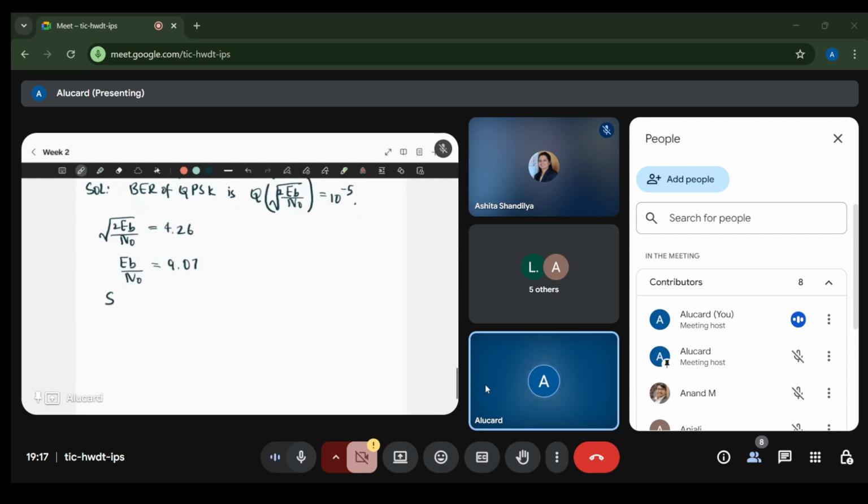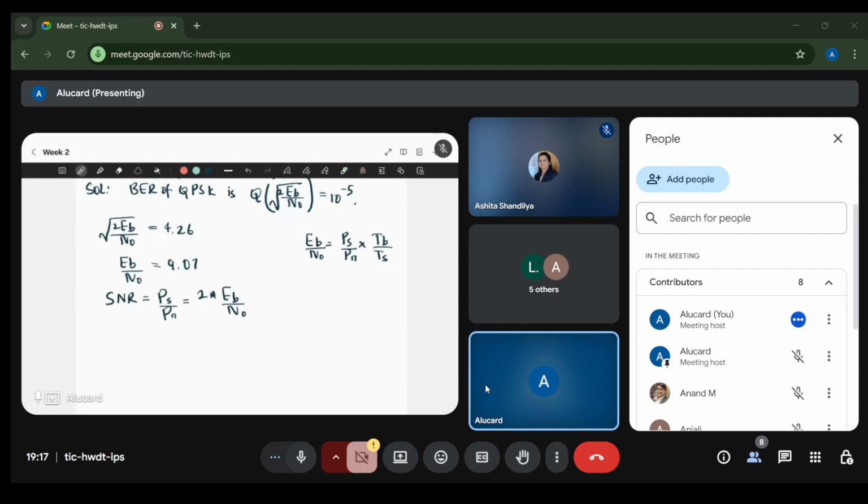And we know for QPSK, SNR is PS by PN, which is 2 times EB by N naught. So EB by N naught was PS by PN into TB by TS, so bit duration by symbol duration.